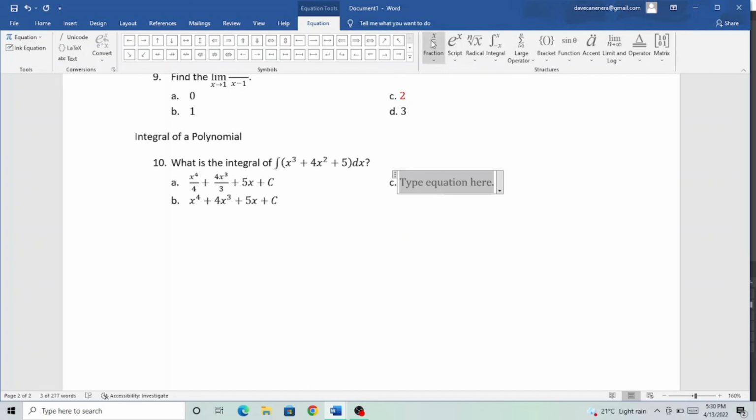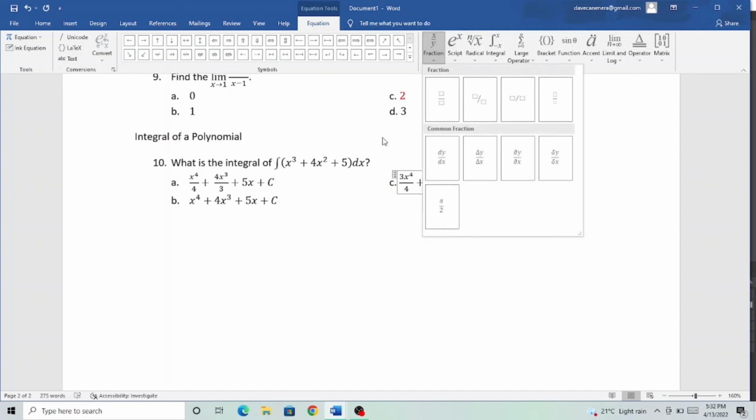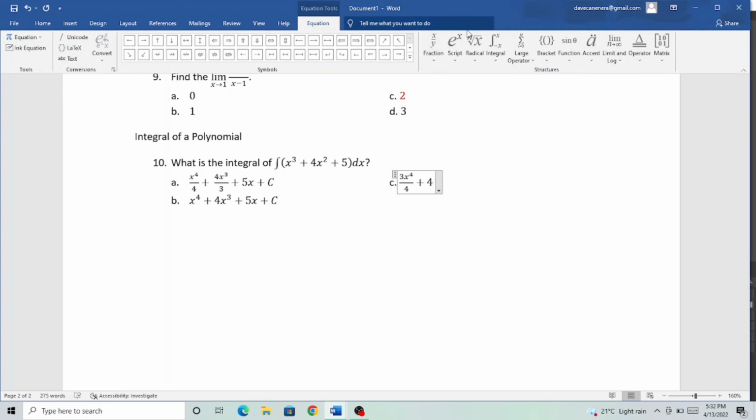Let's say we have 3x to the 4 over 4, plus, let's use some fractions, let's say 4, x cubed, plus 5.